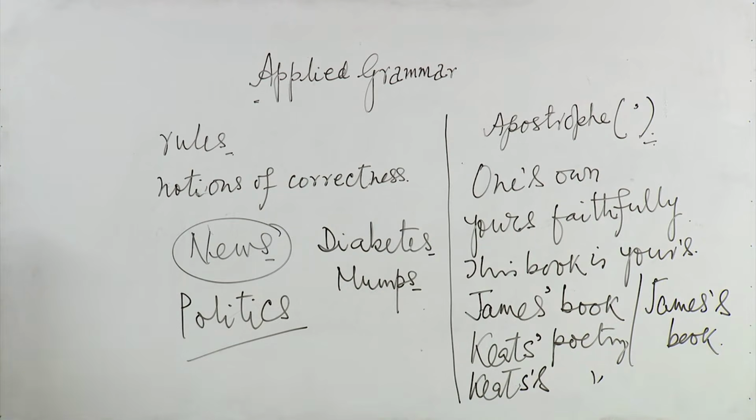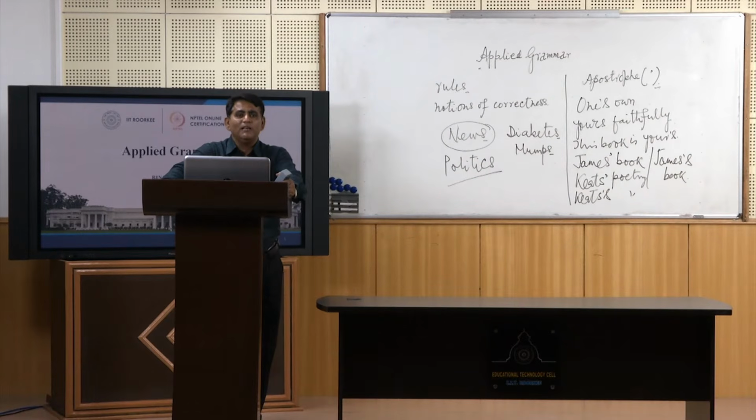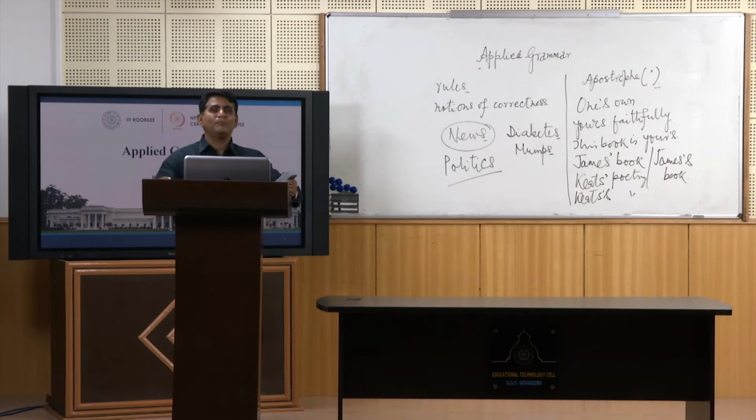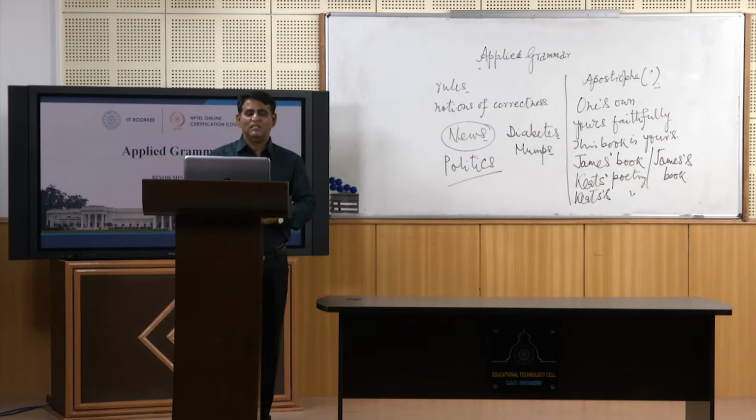So the apostrophe is used in order to show ownership, but sometimes it can also be used when a word ends with an S sound. Examples are already given if you concentrate on these slides. Students' views, girls' hostel, if you want girls to be plural, girls' hostel, put an apostrophe. Judge's verdict, or the verdict of the judges. That is actually the meaning: the verdict of the judges.